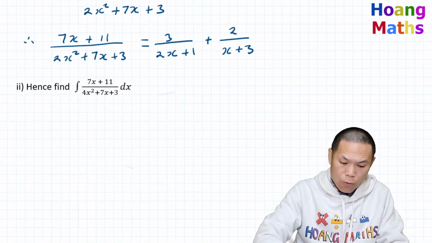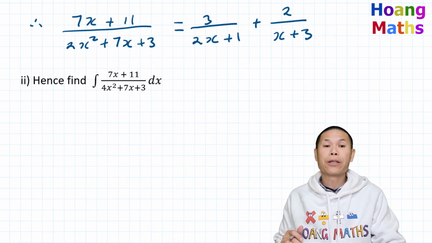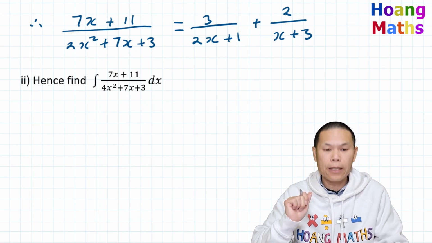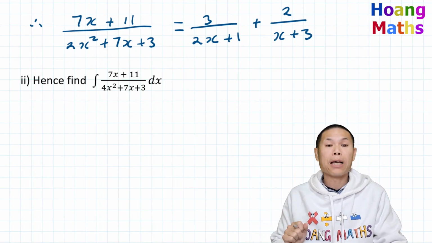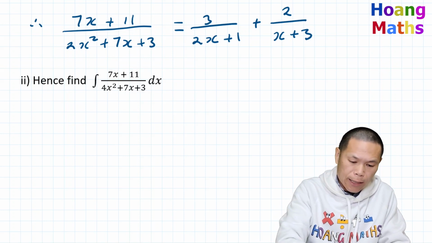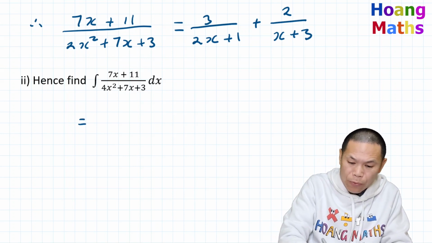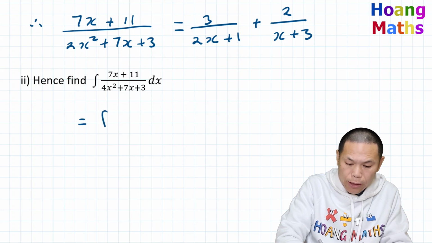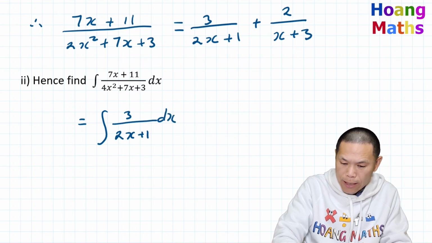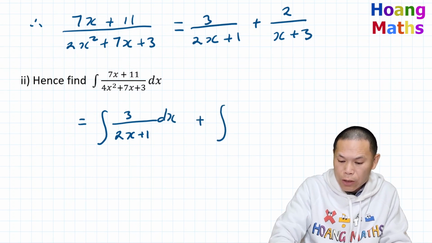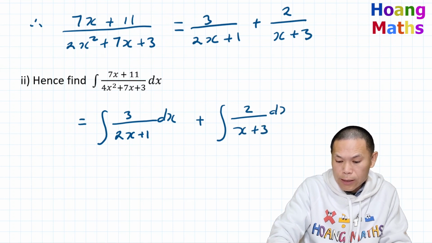So now what we need to do is we just need to integrate 7x plus 11 over 4x squared plus 7x plus 3. So this is exactly the same as, let me just write this down, integrate 3 over 2x plus 1 dx plus integrate 2 over x plus 3 dx.